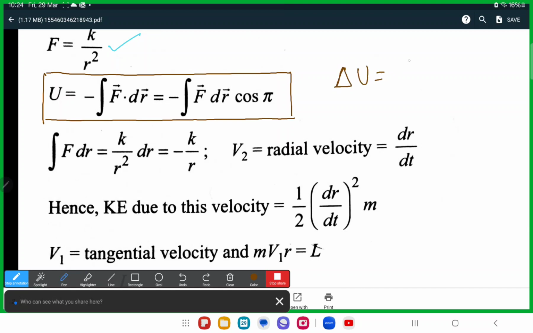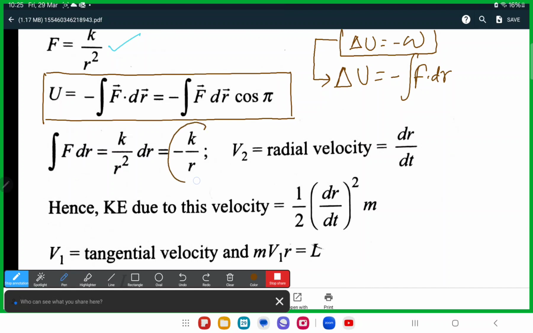Delta U is equal to minus integral of F dot dr, meaning delta U is equal to negative of work done. This formula was already asked in the first attempt, and the second attempt, once again asked. So you had better remember this flow of the equations. Once we have calculated F dot dr, we have received this term, and I thought this is there in the option as well.